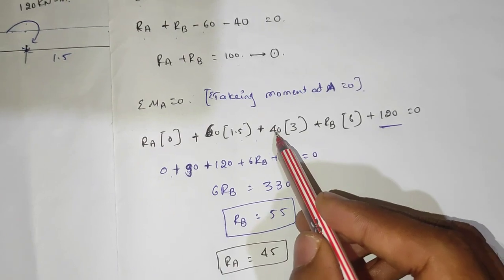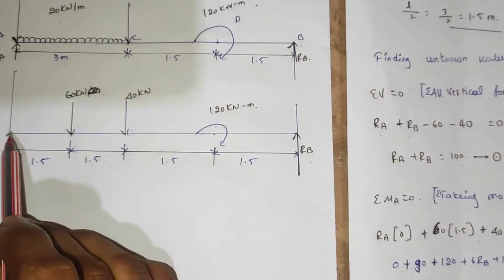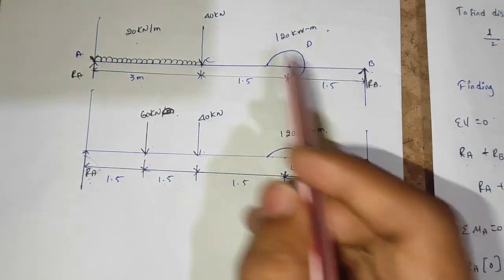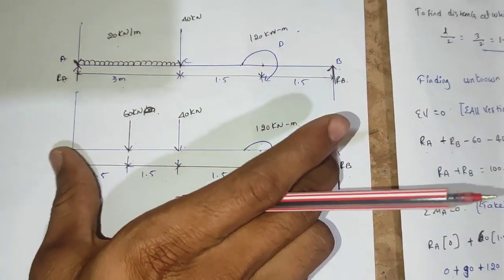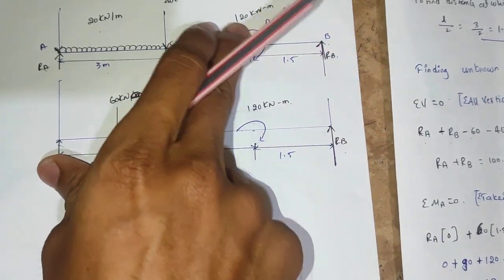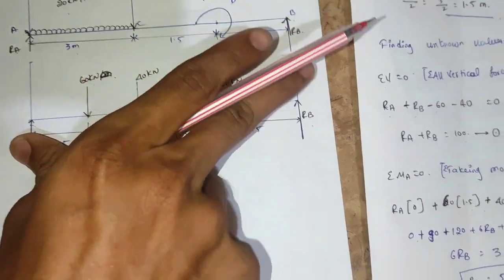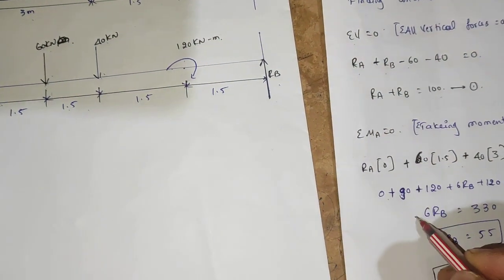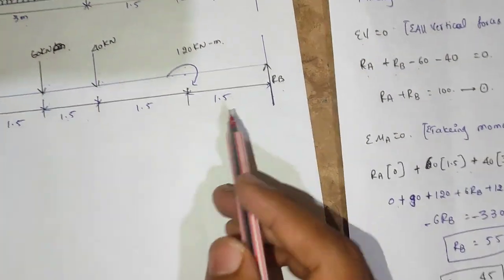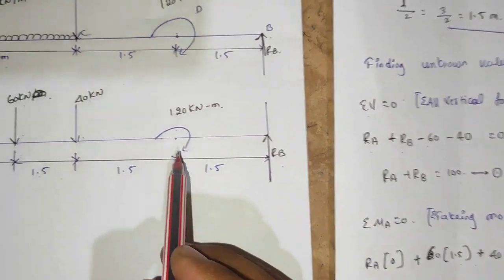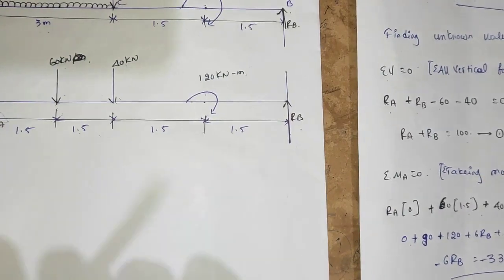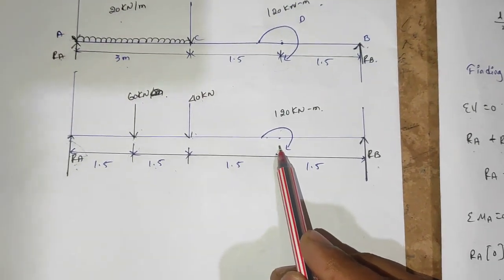This is RB, and RB is acting in the anti-clockwise direction, so it is minus RB into 6. Then this is 120, acting in the clockwise direction. Only clockwise and anti-clockwise are considered.